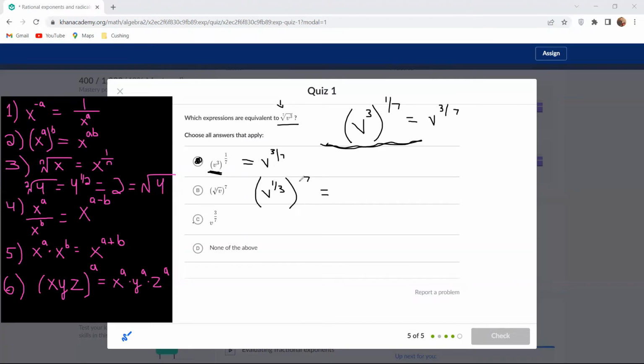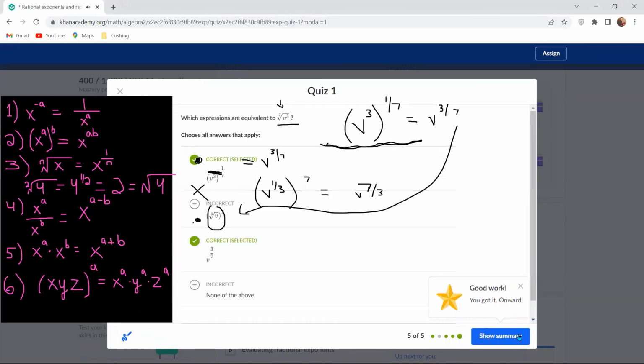And when we multiply these exponents, we're going to get v to the 7/3. That is different than v to the 3/7. So this will not work for us. And C is actually just writing the version that we had in the beginning. So that one's going to match v to the 3/7. We're looking for 3/7. So it looks like our answers will be A and C. Perfect. All right.